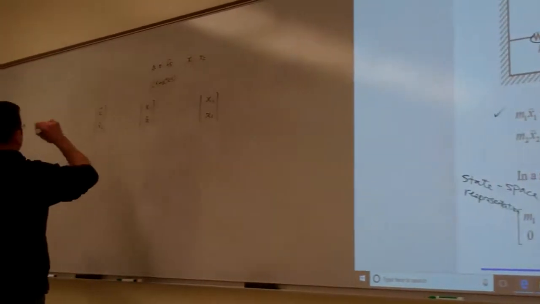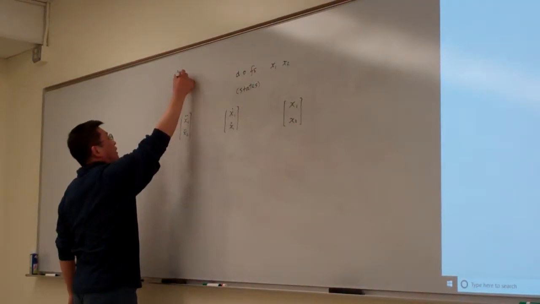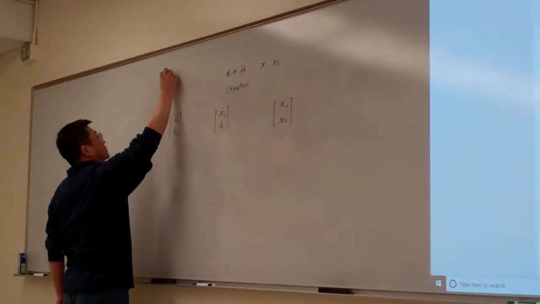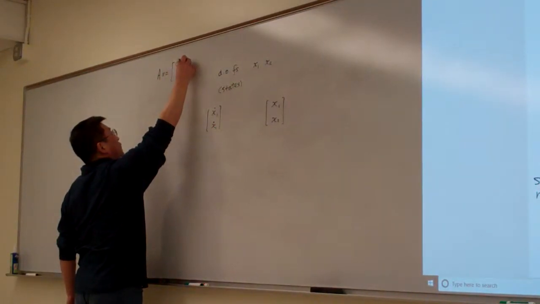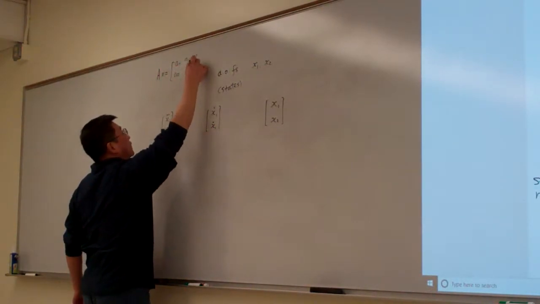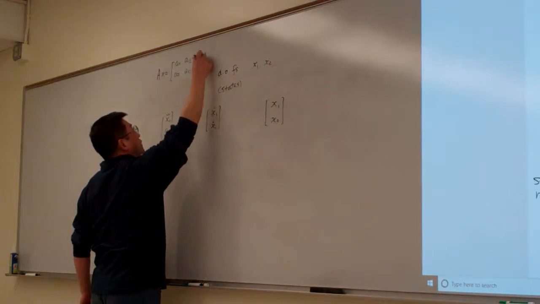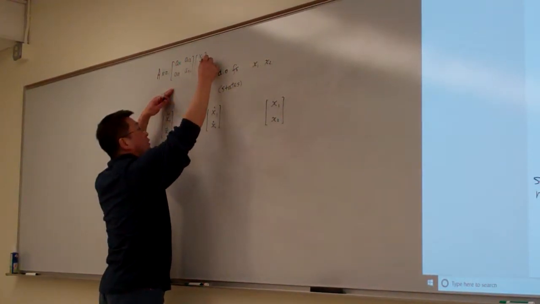The algebraic form is this. Say Ax, for example, if A equals a11, a12, a21, a22, and for example x is x1, x2. So basically in this format, this one represents two equations.